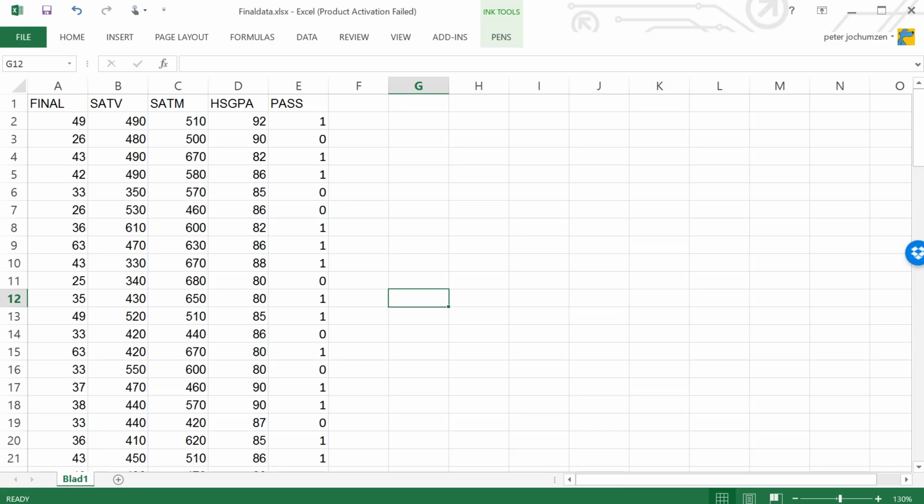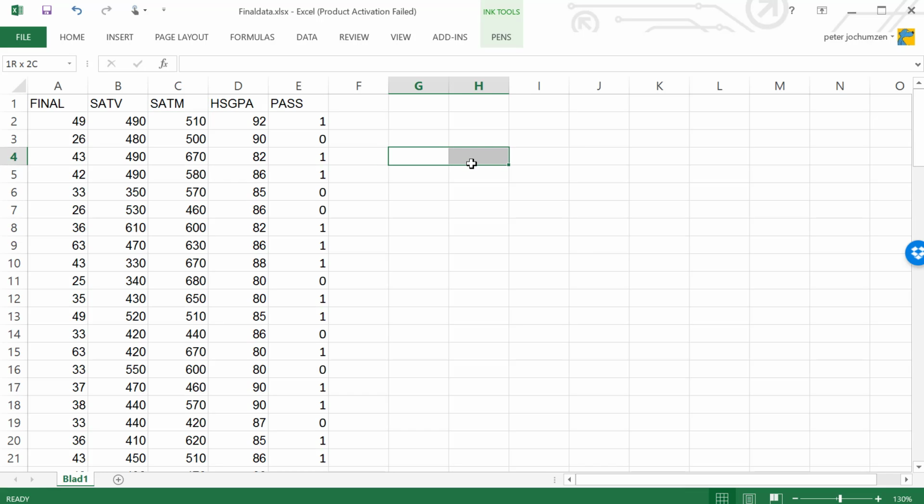So here I have another data set which is actually a real data set. Final is the result of a final exam, and let's just use SAT-M, that's the result on the SAT for the math section. And we want to run a regression explaining the final exam using only the result of the math section of SAT.